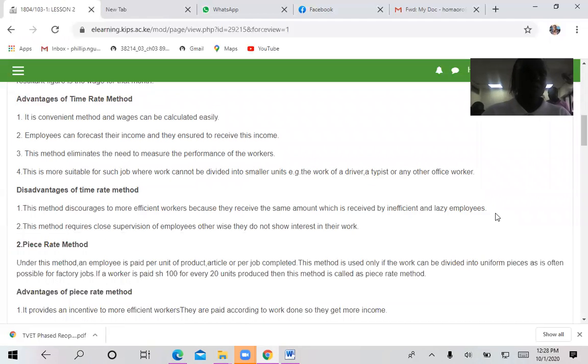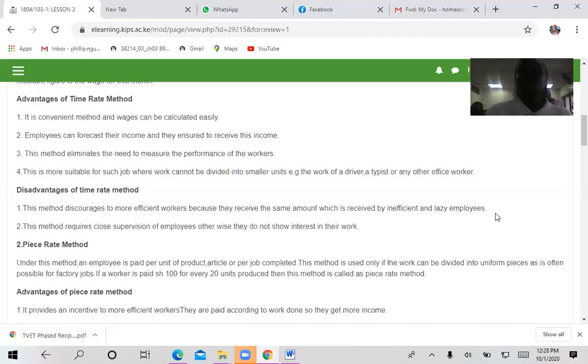Disadvantages include this method discourages the more efficient workers because they receive the same amount which is received by inefficient and less efficient employees. Even if you work hard and the other person is seated, you get the same payment. So the more efficient workers are discouraged.